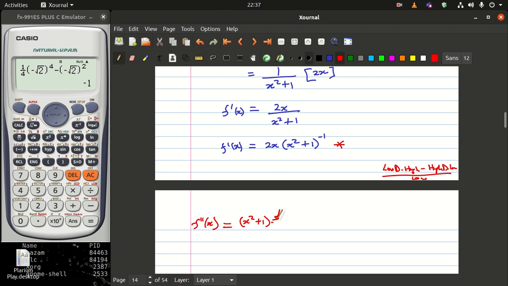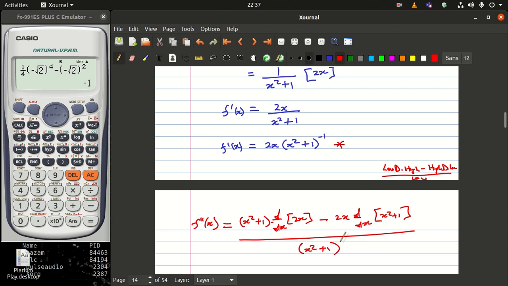So we take the derivative with respect to x of the numerator, which is 2x, and then minus 2x times the derivative with respect to x of the denominator, which is x squared plus 1. And then after that, I'm going to divide this whole thing by the denominator squared. I hope you still remember this, and then you square it up.